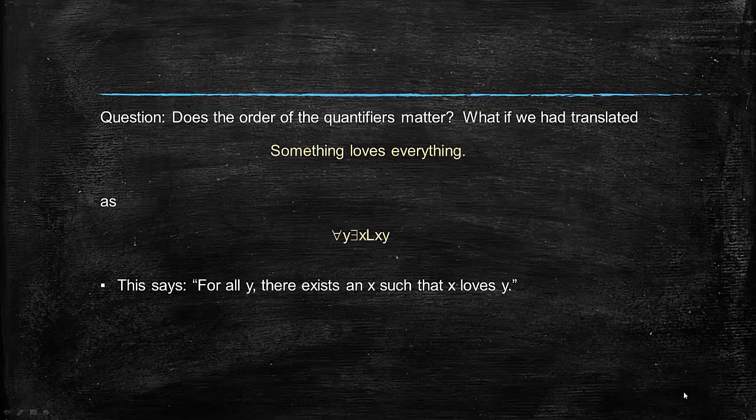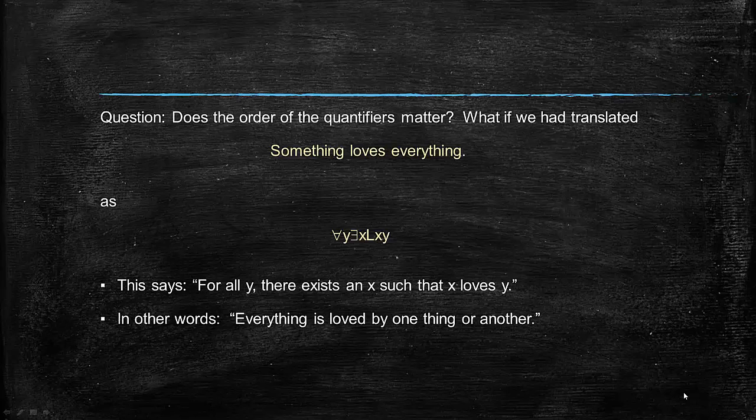Now what that actually means is not that something loves everything, like some one thing loves everything, but rather that everything is loved by one thing or another. Okay, so that's a very different statement. It's one thing to say that there is one thing that loves everything, something loves everything.